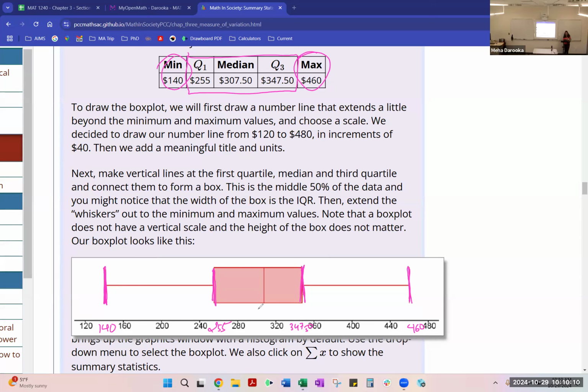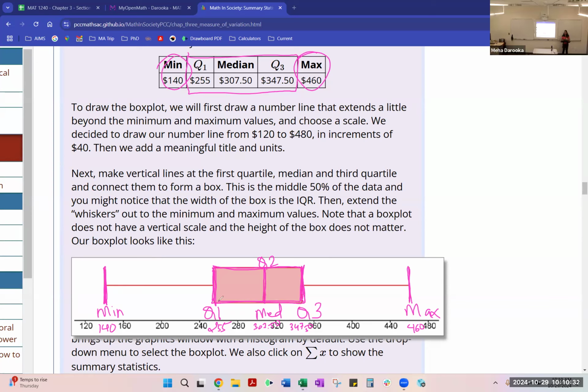And then our median was at 307.50, so of course that would be somewhere in here. So basically this value here represents the minimum, this is the maximum, this is quartile 1, quartile 3, and then the median, or like I said, you can call it quartile 2. So that's what creates the box plot.